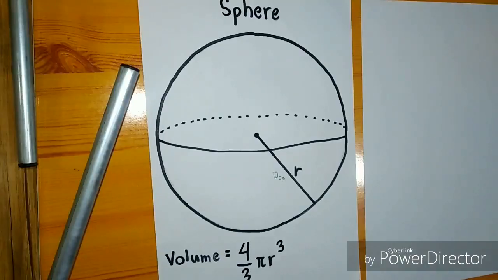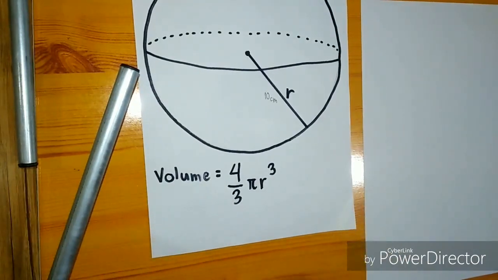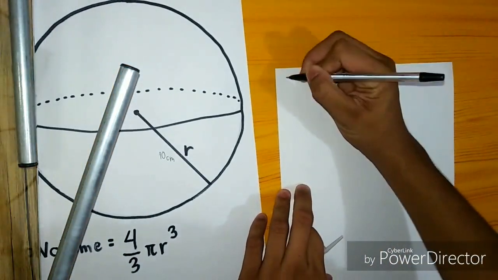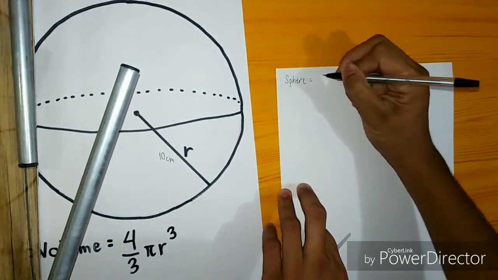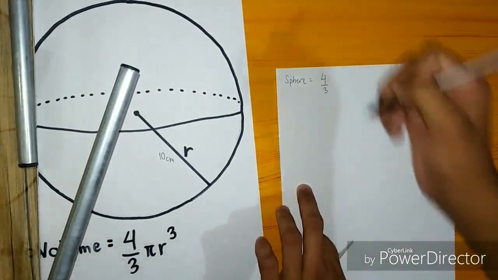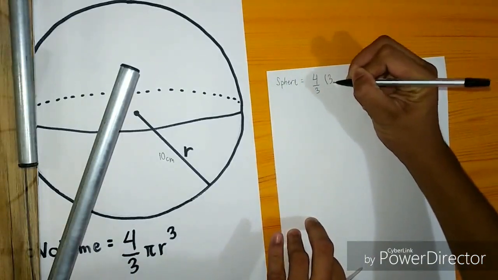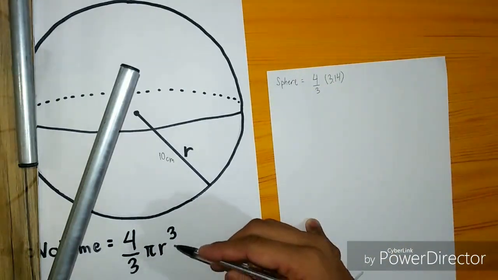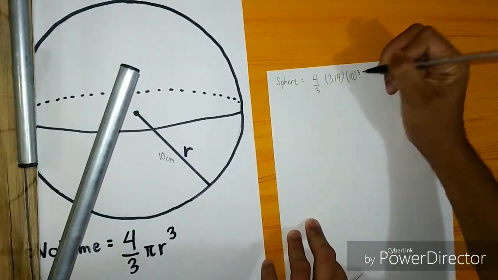So let's start with the volume of a sphere. The formula for the volume of a sphere is 4/3 pi r cubed. So let's substitute its values. The volume of a sphere is equal to 4/3 multiplied by the value of pi, which is 3.14, multiplied by the cube of the radius, 10 cubed.